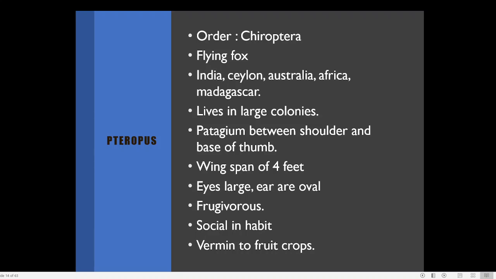Another problem is that they attack in large groups, because each bat colony will have some hundreds or thousands of bats. A lot of bats coming and feeding on a banana plantation in an area will completely destroy that banana plantation during the fruiting period.